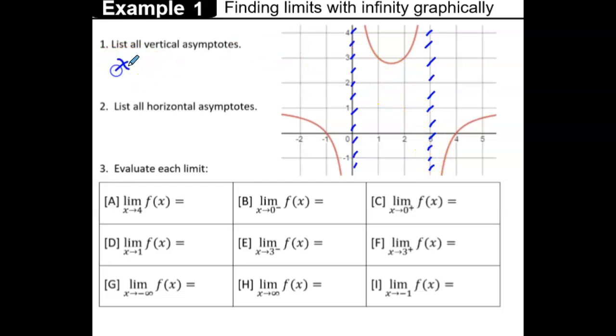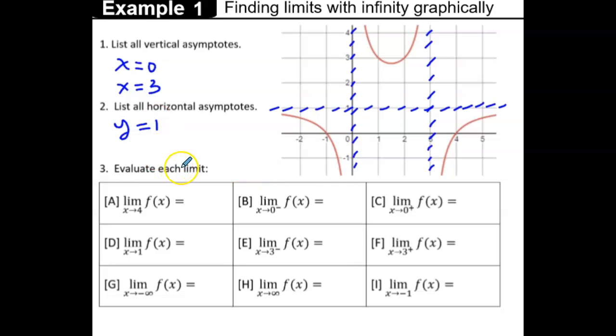Those are the vertical asymptotes on the graph. And then the horizontal asymptote shapes the end behavior on the left and the right sides, and we can see that's occurring at 1. And that would be y equals 1.